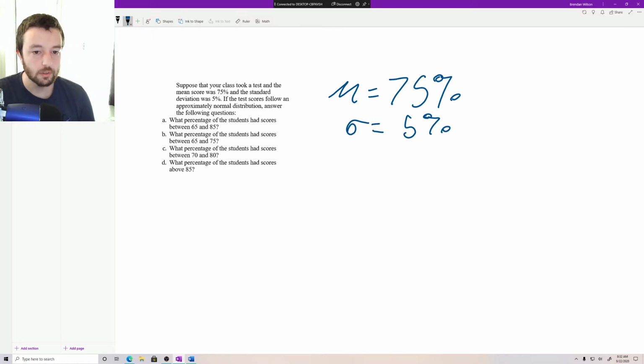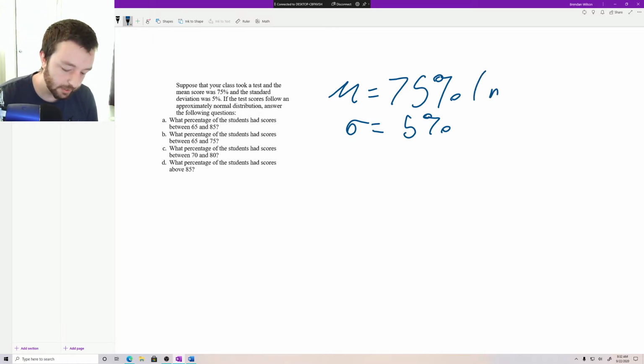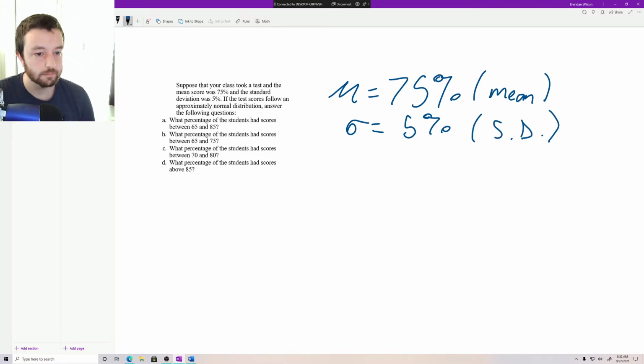Okay, so the mean is 75%. The standard deviation is 5%. So remember, we're using the Greek letter mu for the mean, and the Greek letter sigma for the standard deviation. If the test scores follow an approximately normal distribution, meaning we can use the empirical rule, answer the following questions.